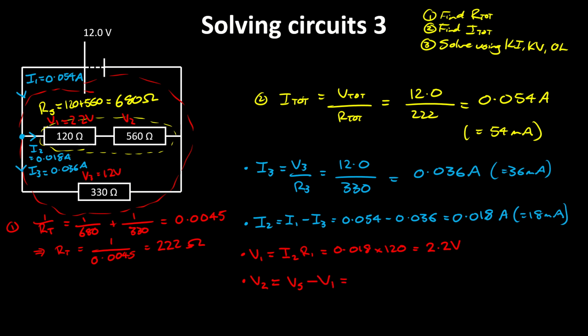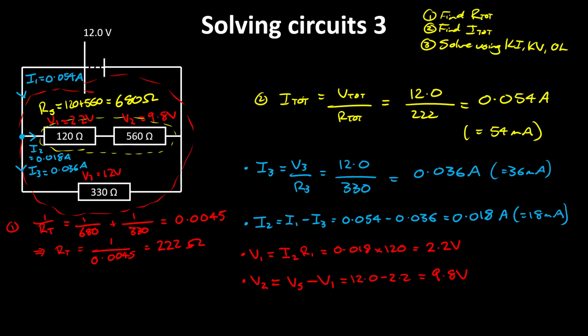Okay, so V2 is going to be Vs minus V1, so it's going to be 12.0 minus 2.2. Which is 9.8 volts. Okay, so you could have done that one, the last one there, using Ohm's law as well, and would have gotten the same answer. Okay, so that's that one.